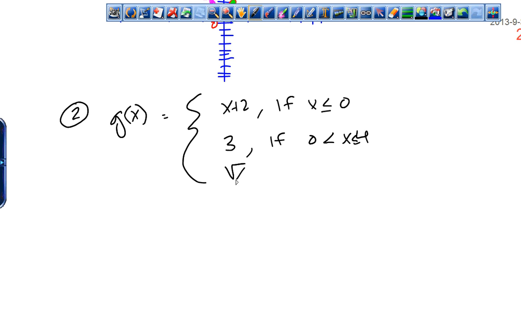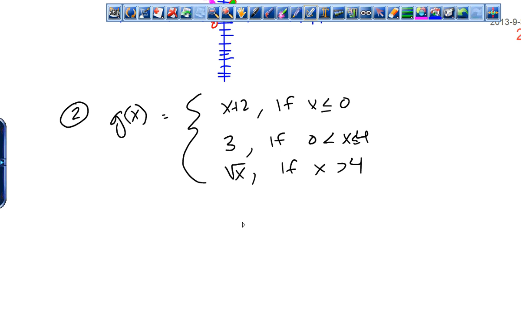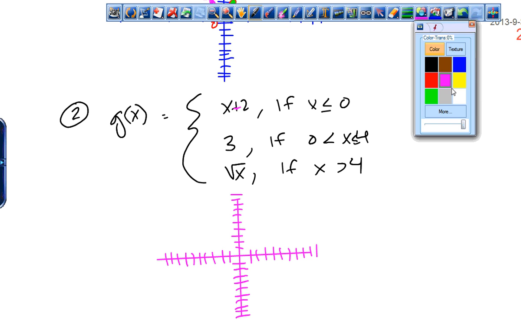And then lastly, square root of x if x is greater than 4. It's a plus.